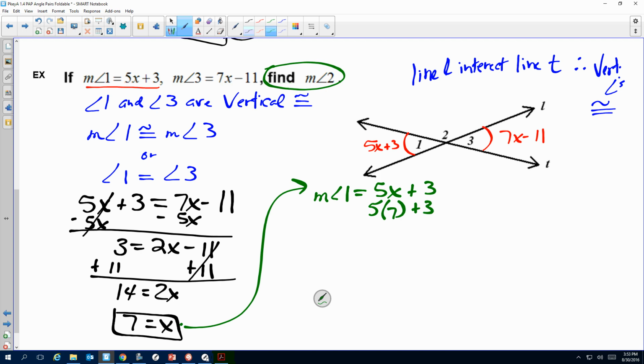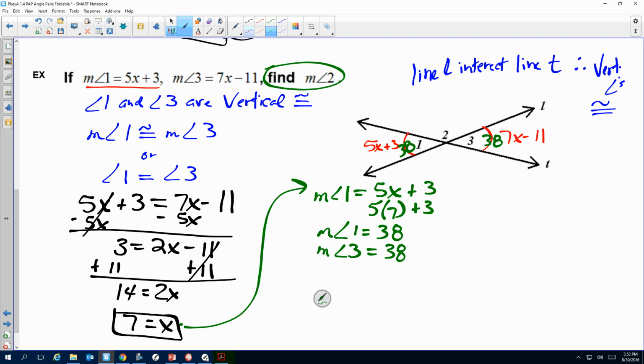And so we get that the measure of angle 1 is 38. I'm running out of room, but I'm going to put 38 in here. 38, 38. Angle 3 is also 38 because vertical angles are congruent.